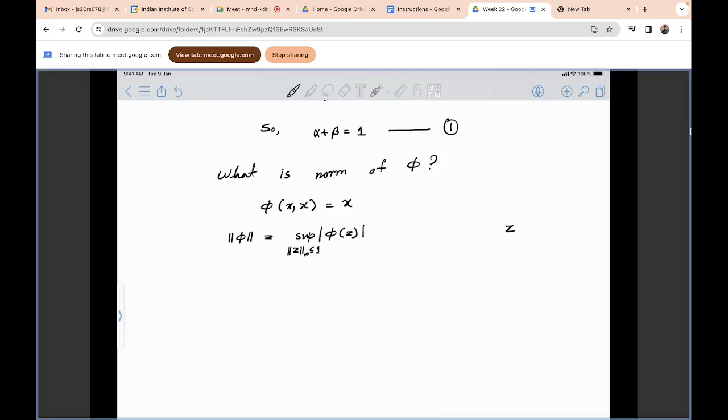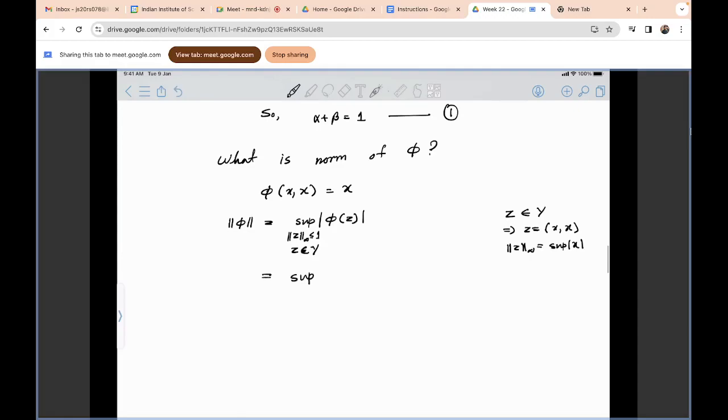And z should be in Y. Z in Y means z is of the form (x, x). So the sup norm of z will be the supremum of mod x.